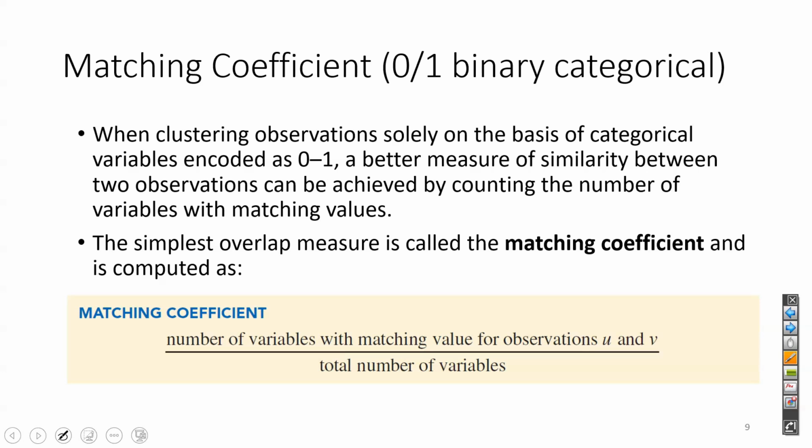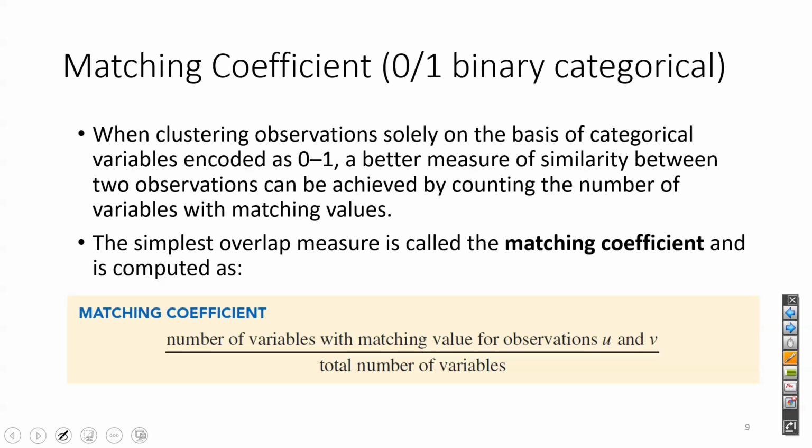The matching coefficient basically can tell you the similarity between two observations when we are dealing with binary categorical data. So what's the formula? For the numerator, we want to find out how many variables have a matching value for two different observations. And we divide that by the total number of variables.